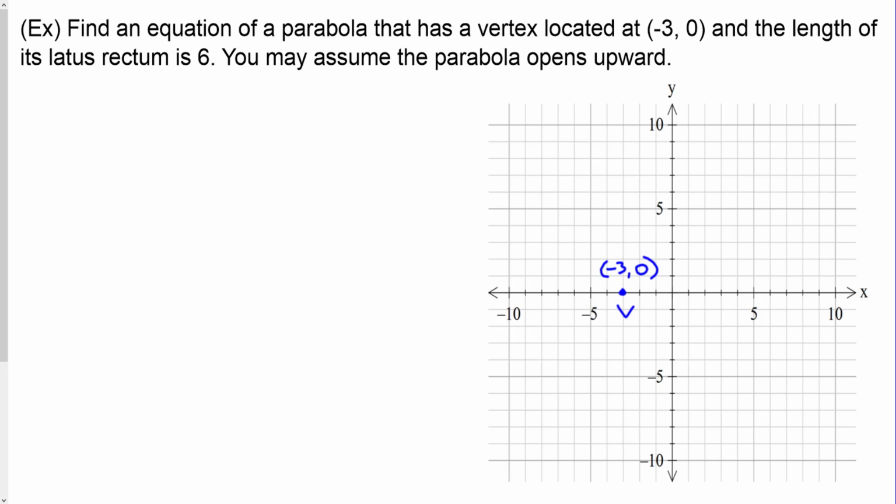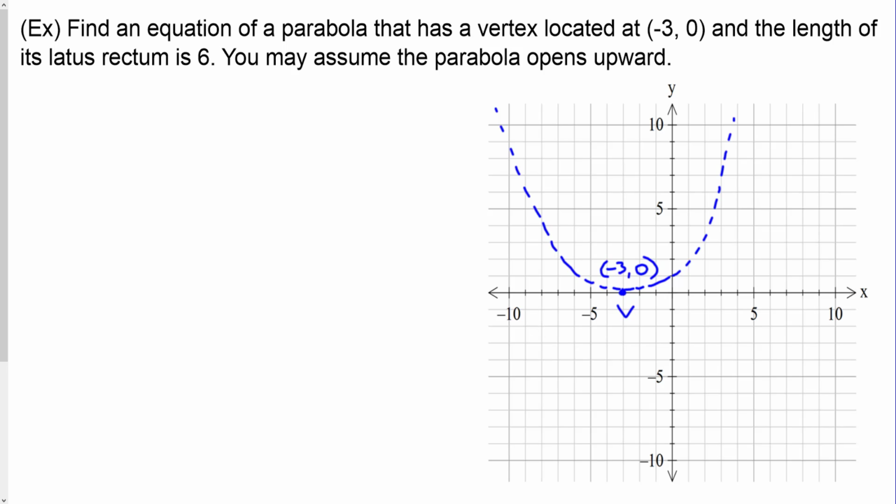If I knew where the focus was, that would be a very helpful piece of information, because the latus rectum passes through the focus, but I don't know where that is right now. But the other thing that I'm told is that the parabola opens upward. So this parabola, I'm just going to put dashes in just because I'm not sure exactly this is to scale. I'm just kind of fitting things together here.